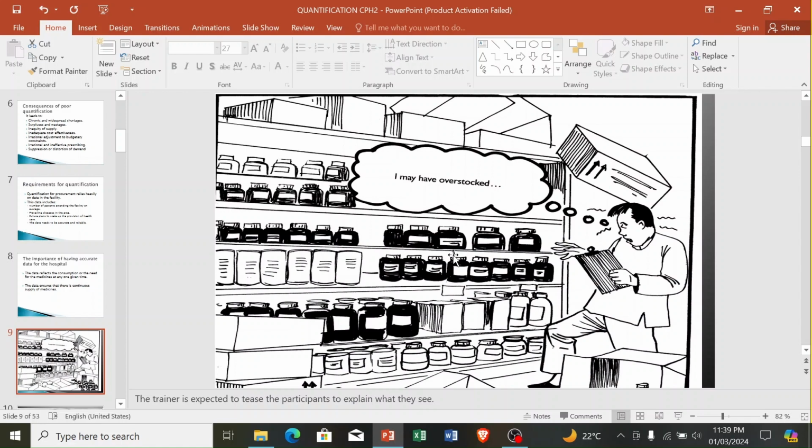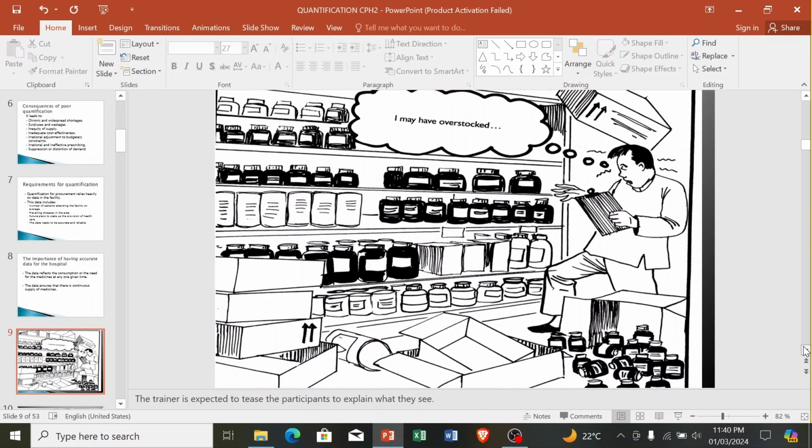So that is why we see that he's wondering, because he has overstocked. He's trying to do a physical count. Because when you look at his gesture, it's like he's trying to count these specific boxes, these tins, and is seeing them more, and is saying, I have overstocked. Okay, so let this not happen to you in a facility.